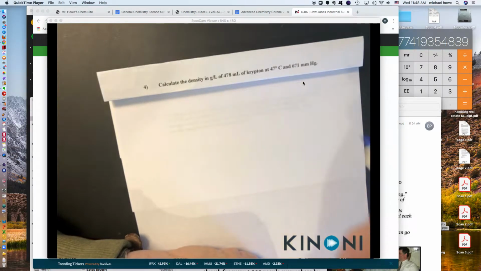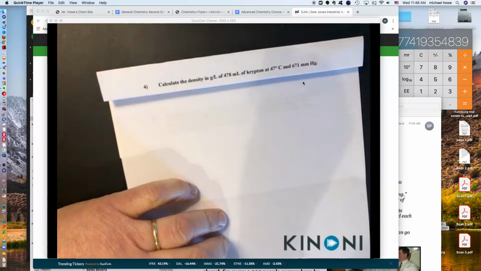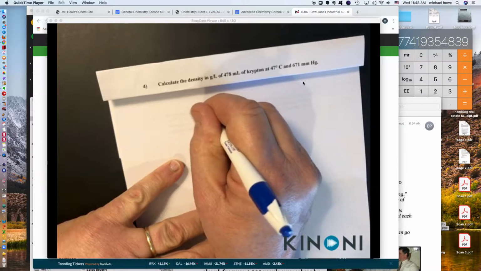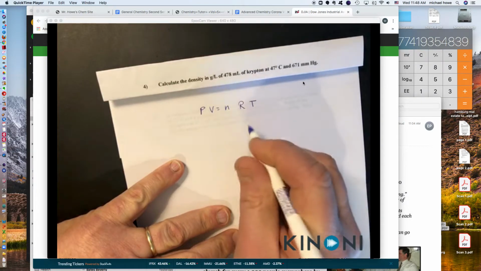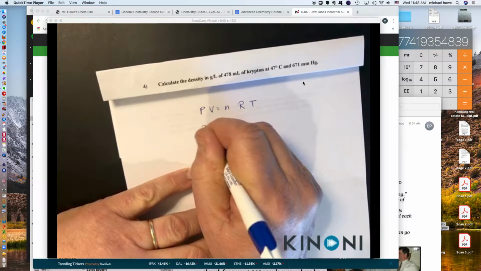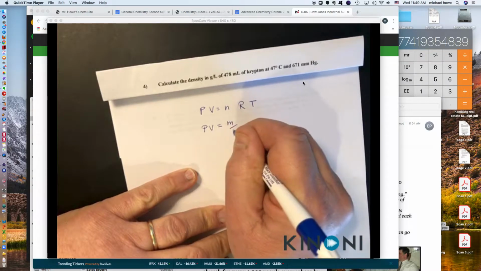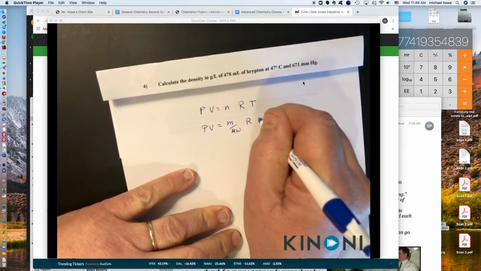It's time to take a look at how the ideal gas law can relate to density. So we know that PV equals nRT. We also know by this point that PV is equal to mass over molecular weight, RT.